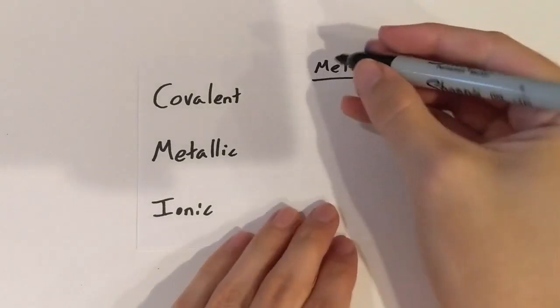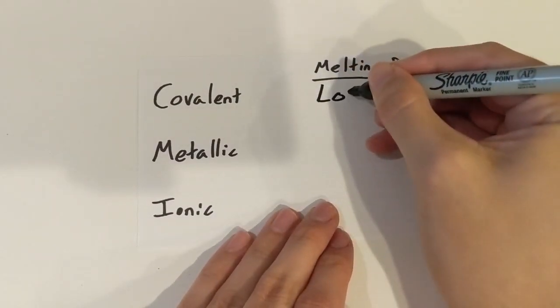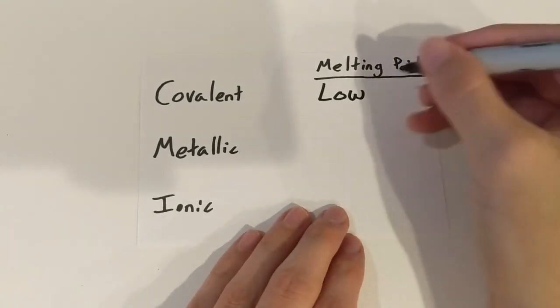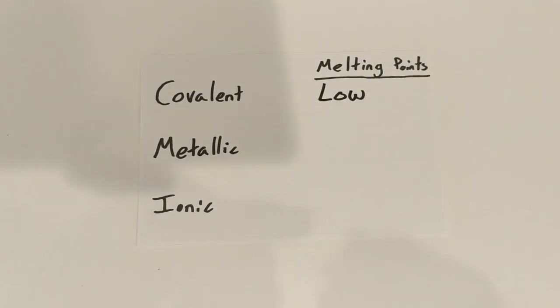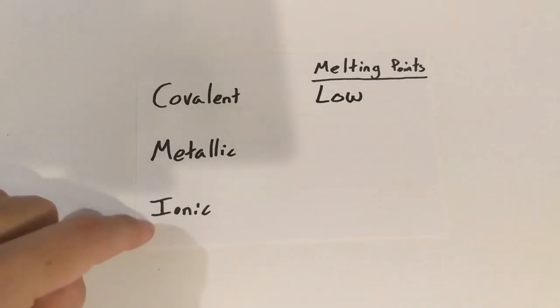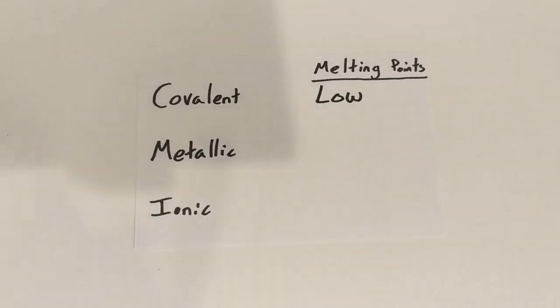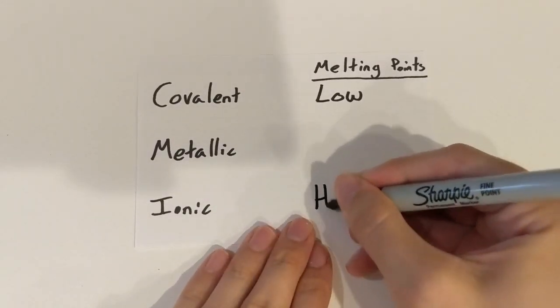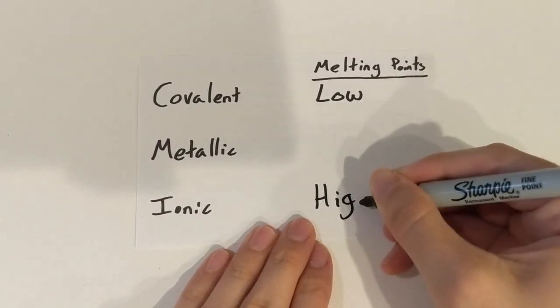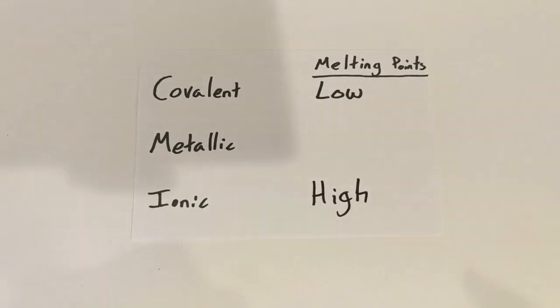In general, our covalent molecules have the lowest melting points. I'm just going to put low there. A lot of them are even gases or liquids at room temperature, so they're already melted at room temperature. And then our ionic compounds with those opposite whole charges have very, very high melting points. And then metals would be in the middle.